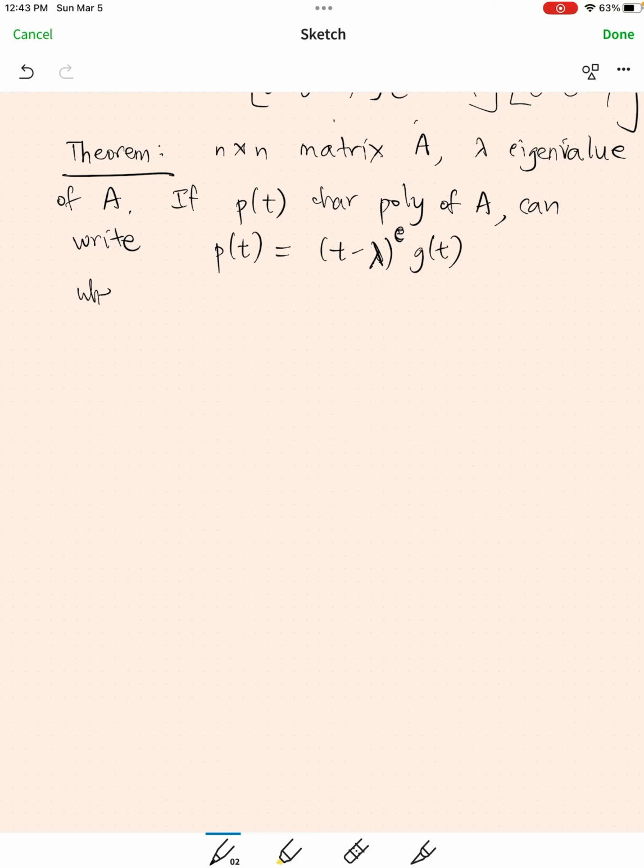Where g of lambda is not equal to 0. So that means that you can't factor out any more t minus lambdas. So that E is the multiplicity of lambda.